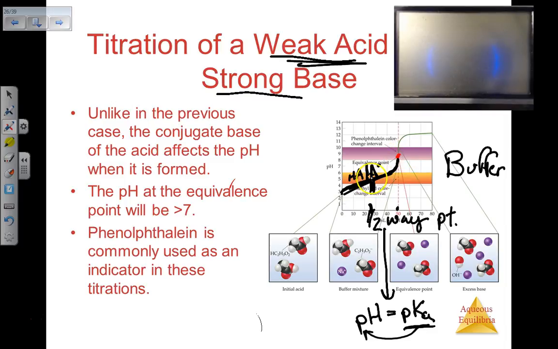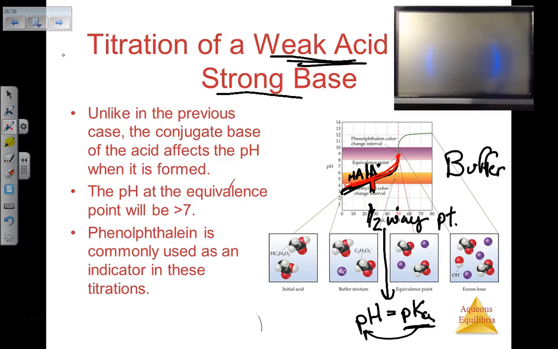You have the halfway point where the pKa equals the pH, and you have this buffer zone because you start off with maybe a weak acid, but it turns into a buffer almost right away, and the pH doesn't change dramatically because you have a buffer. It's not that it doesn't change, it just doesn't change dramatically.